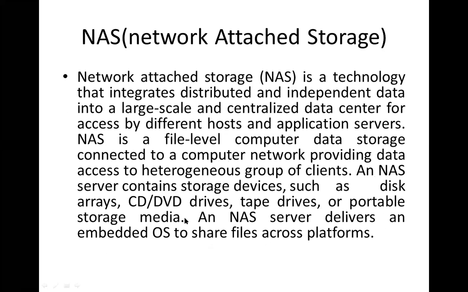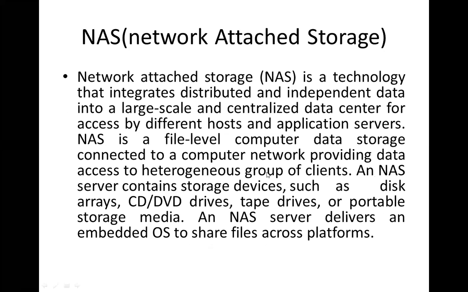So NAS is a file level computer data storage connected to computer network, providing data access to the heterogeneous group of clients. And NAS server contains storage devices such as disk array, CD, DVD drives, tape drives, portable storage media.